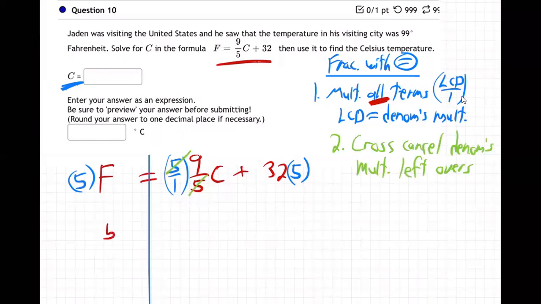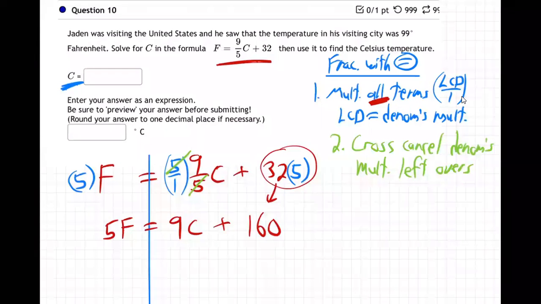So what do we have left? We have 5F equals 9C plus, and then this is 160, just multiplying on my calculator. Does that make sense? Because these 5s cancel, all we have left is 9 over 1, which is just 9C. And here it's just 5F. And these guys multiply to be 160. Okay, we got rid of the denominators.